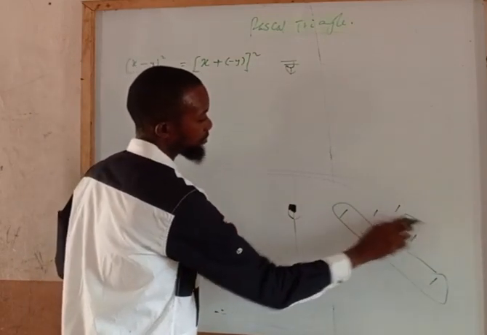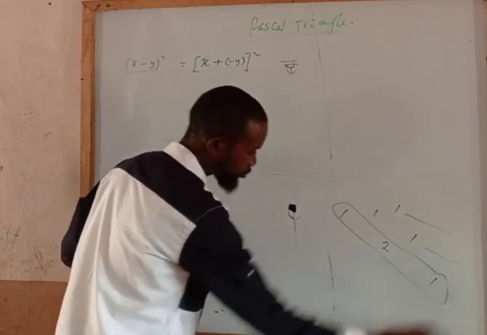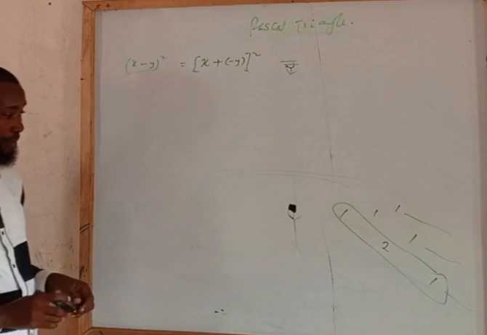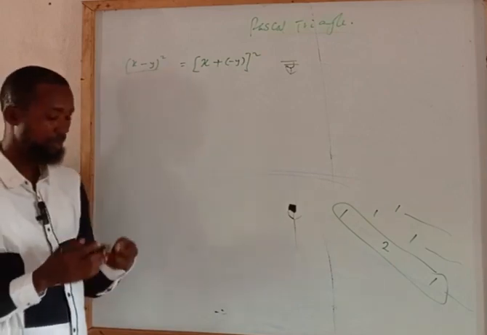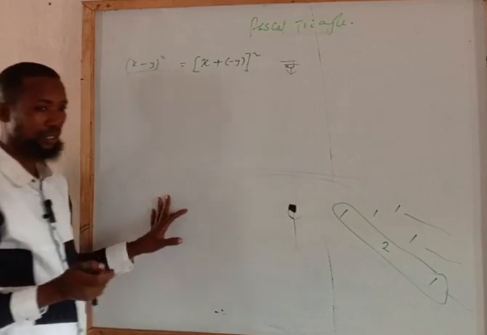Remember, this is when the power is 0. This is used when the power is 1, while this will be used since our power is 2. To continue, I'm considering the two simultaneously.